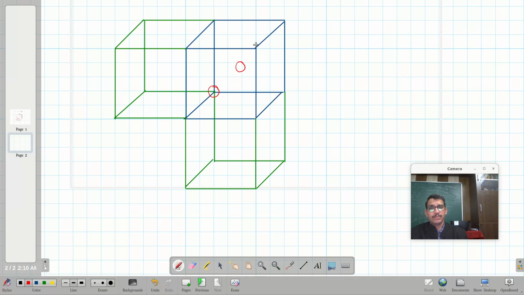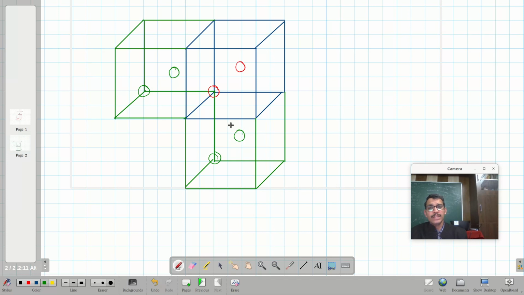So when I place this unit cell here, this atom will be here and another atom will be here. And similarly, if I put it here, this atom is here and another atom will be here.